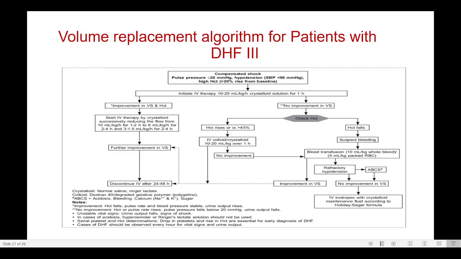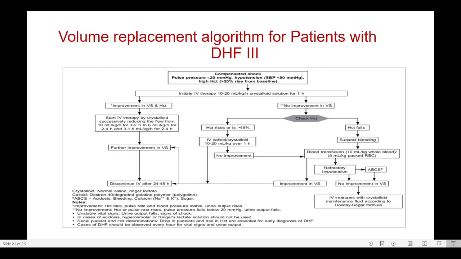Or if there is refractory hypotension, then see the sugar level, sodium, potassium, calcium, whether there is any suspected bleeding, or acidosis. If there is refractory hypotension and no improvement in vital signs, continue with IV therapy, oxygen, and finally maintenance dose with Holliday-Segar formula.